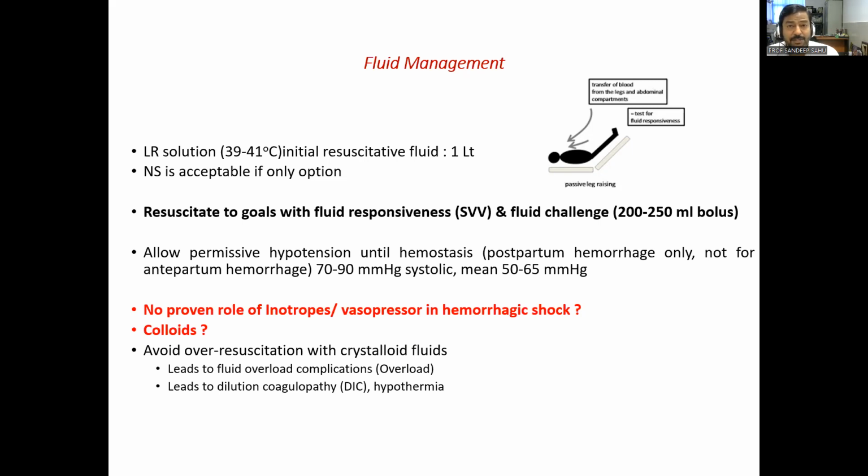The role of colloids is a big controversy in a bleeding patient, because colloids encircle the coagulation factors, and this increases bleeding. They can restore blood volume, but definitely we have to avoid overload, and we have to take care of dilutional coagulopathy and hypothermia. So inotropes and vasopressors to achieve a blood pressure are very debatable, because blood pressure is not restoring the intravascular volume.